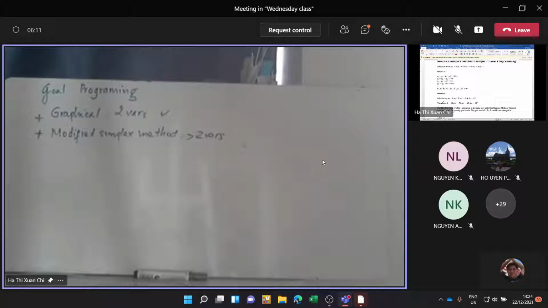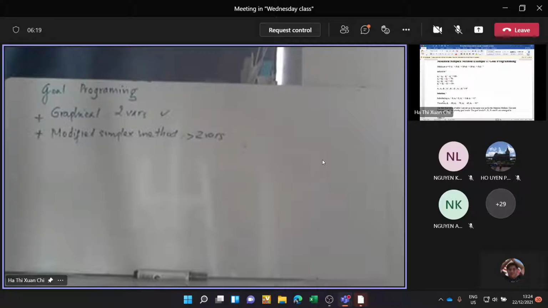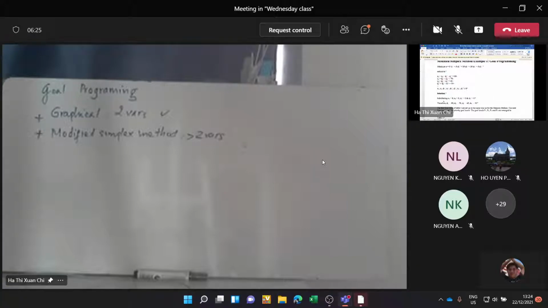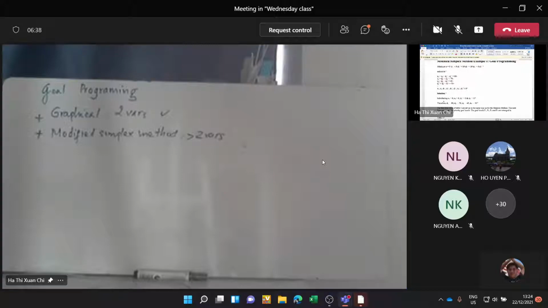So we should define this. And after that, we improve them. Find the initial solution and improve initial solution. So, and after that, we find the optimal solution, right?